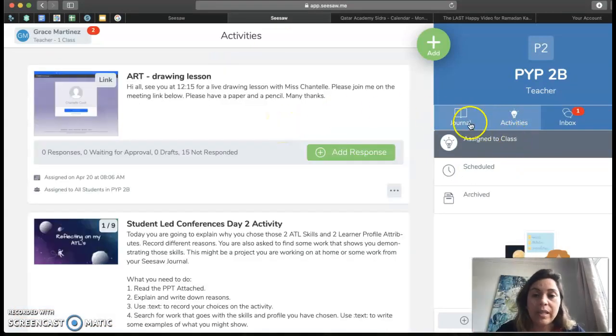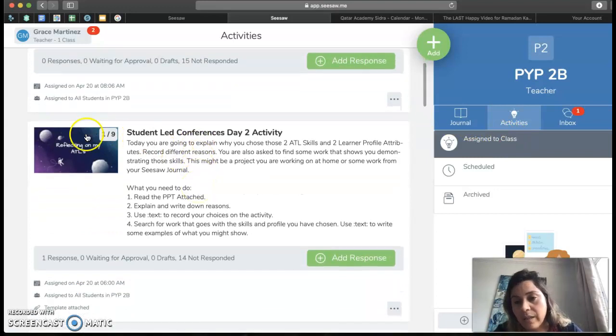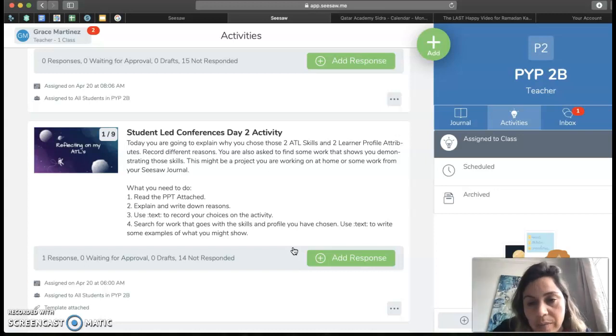So if you go to activities, you're going to find this assignment. The title is Student-Led Conference Day 2 Activity. And this is what you need to do. Today you're going to explain why you chose those 2 ATL skills and 2 learner profile attributes. You need to record different reasons, and you're also asked to find some work that shows you demonstrated those skills.